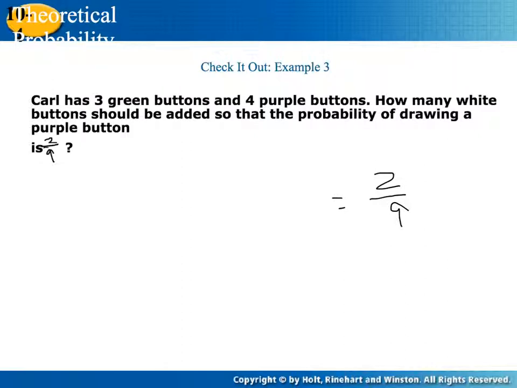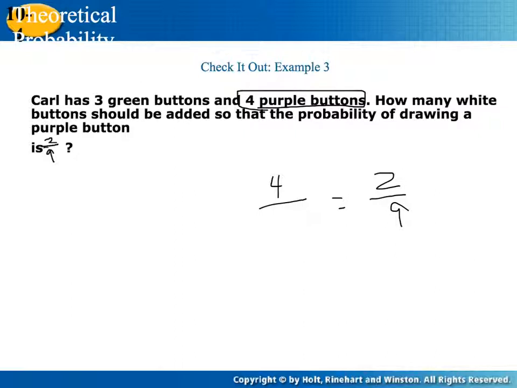So something has to equal 2/9. If I wanted to figure out purple buttons, I need to have 4 on top because there are 4 purple buttons right now.